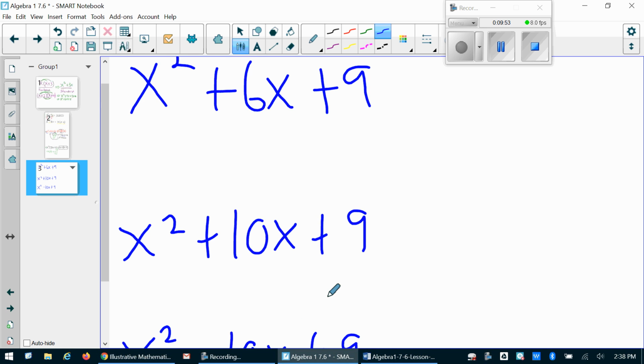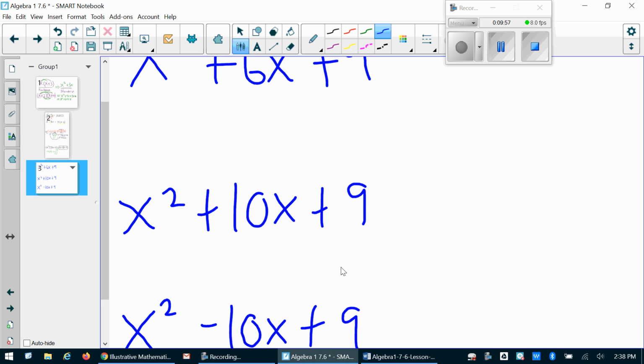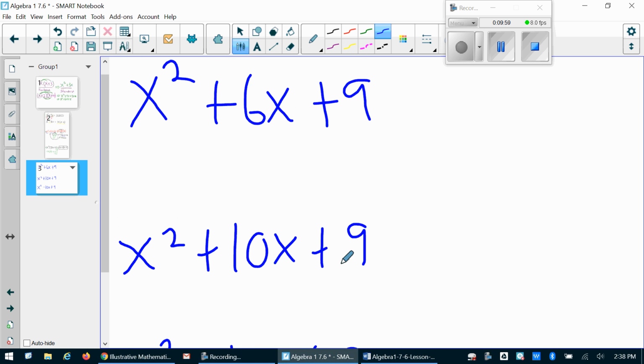Okay, go ahead and pause the video. Try to factor these three problems. If you can't see this bottom one, I'll show it after you're done working the problems.